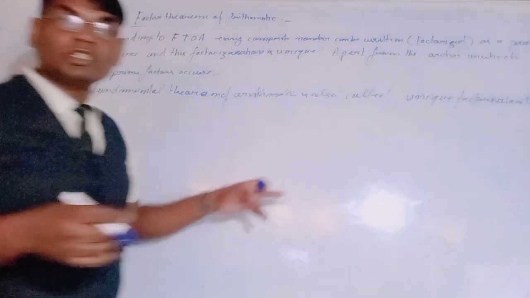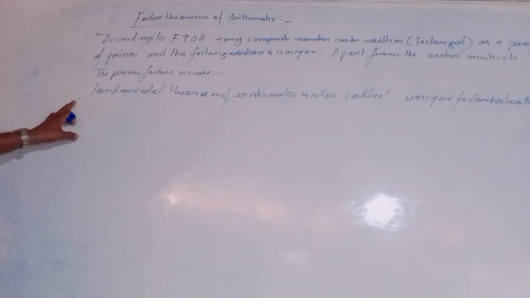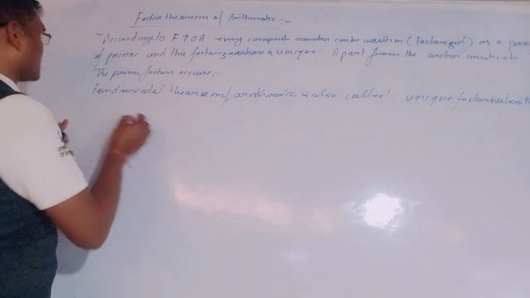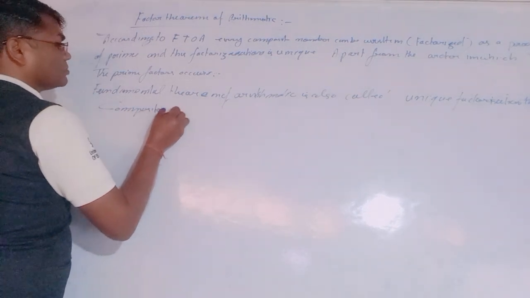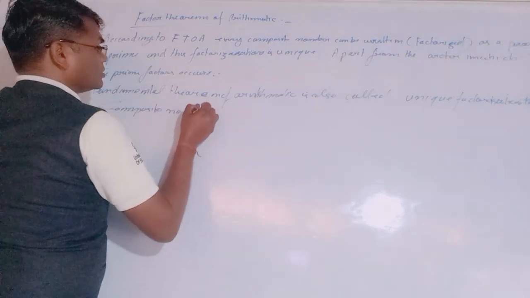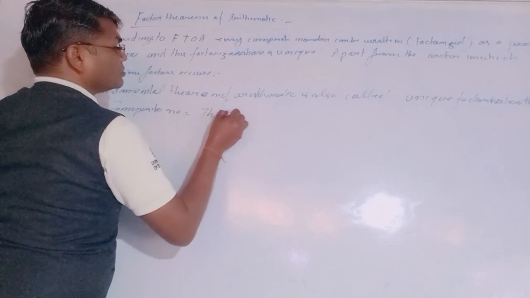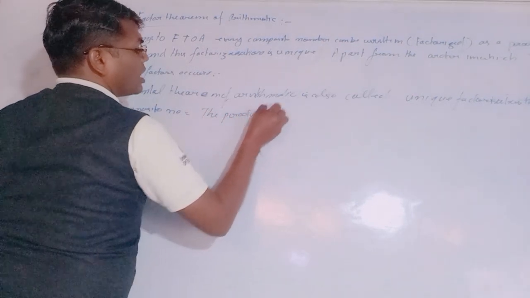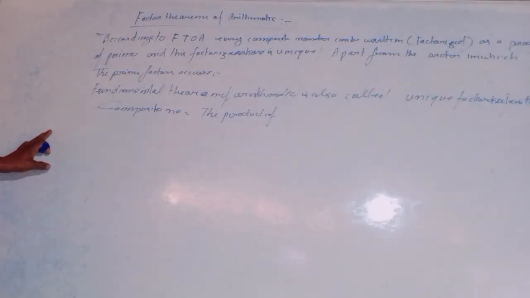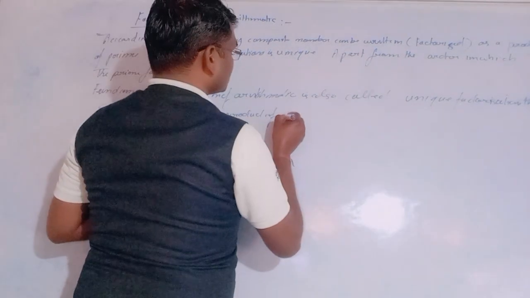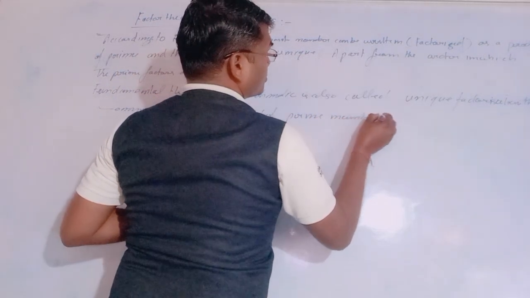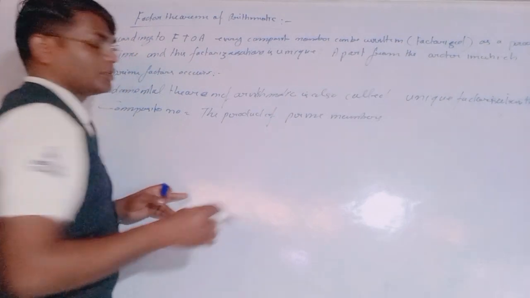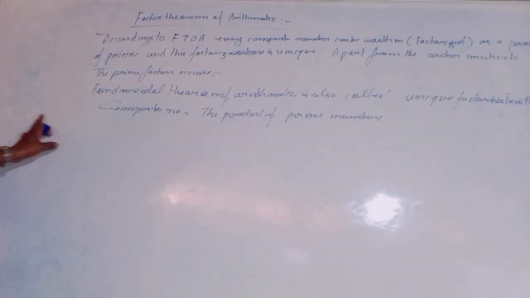So a composite number is equal to the product of prime numbers. A composite number is always a product of prime numbers.